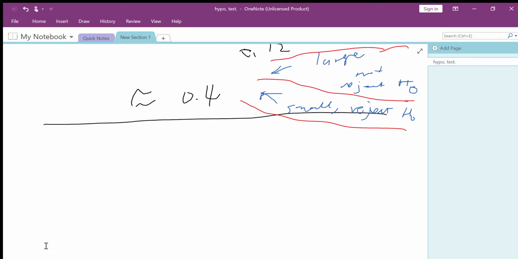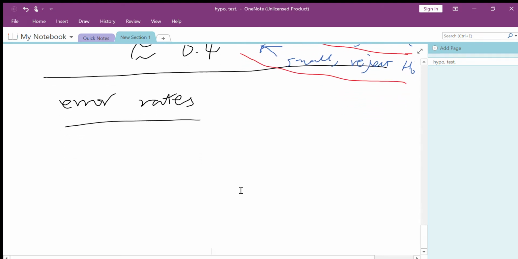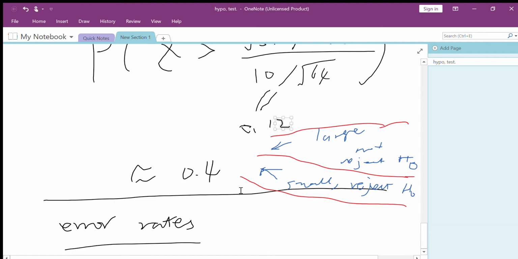So then we need to introduce the concept of error rates. Why are we interested in error rates? Error rates can help us propose a decision rule. Let's first see the definition of error rates. Keep in mind, we introduce error rates to propose decision rules.